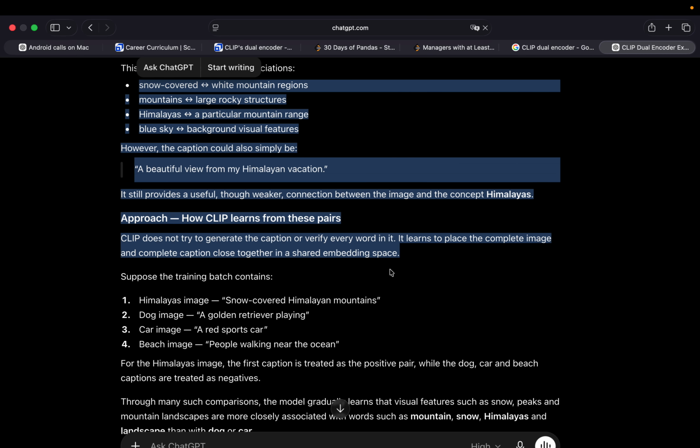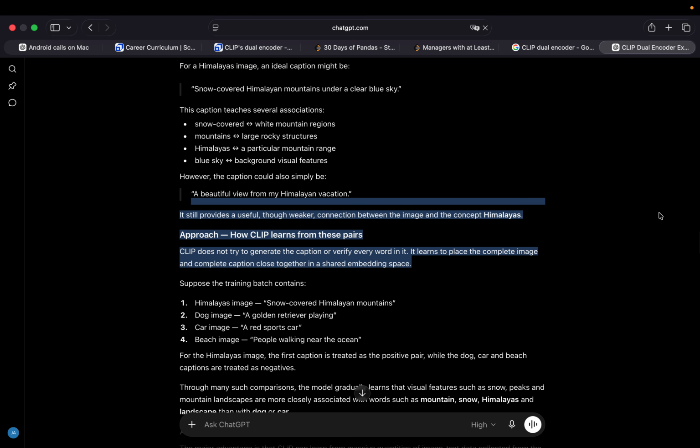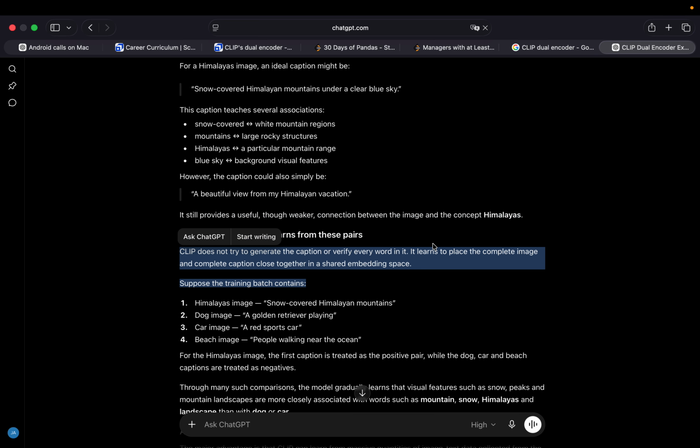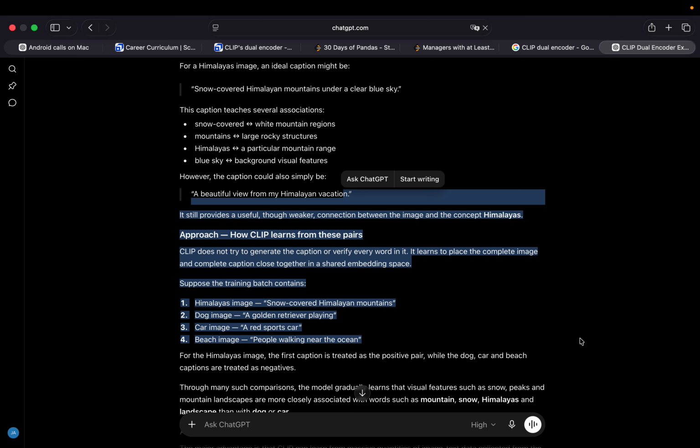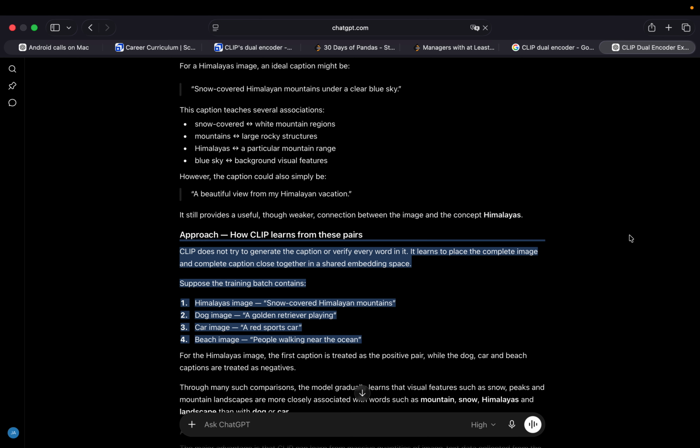But there can also be incorrect captions that introduce randomness, such as a beautiful view from my Himalayan vacation. That doesn't provide the model much useful relationships and increases the noise in the model.